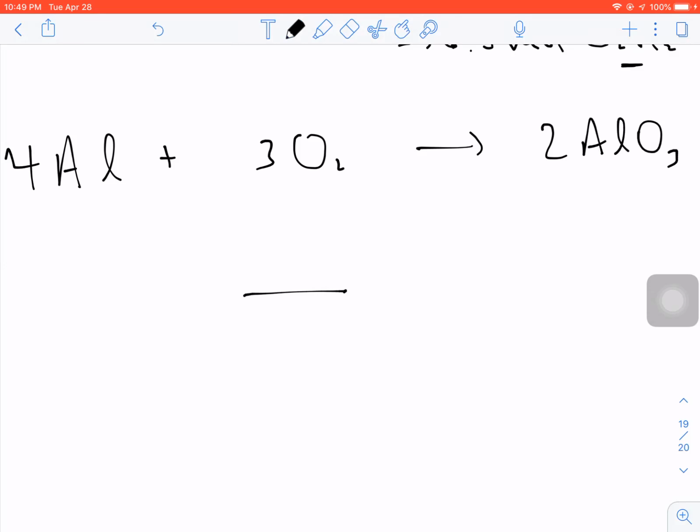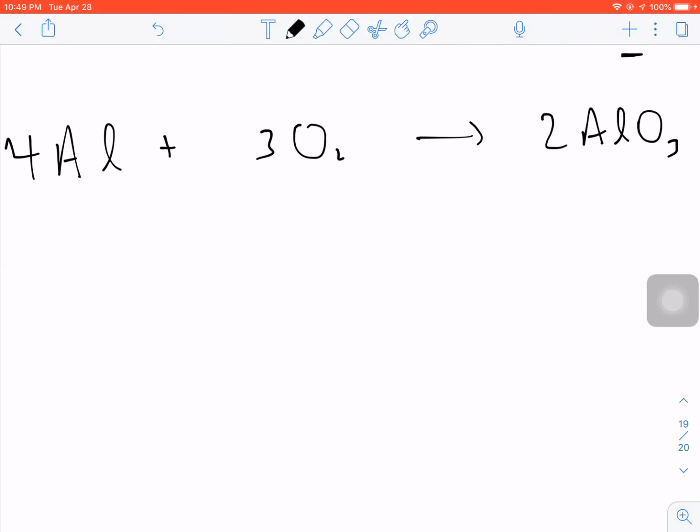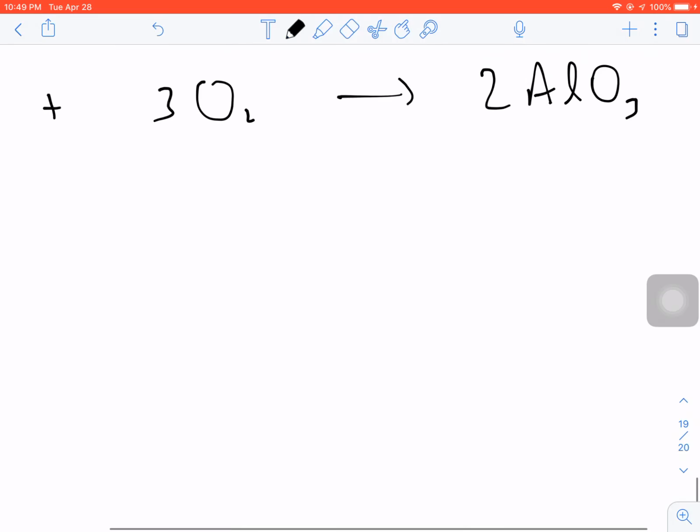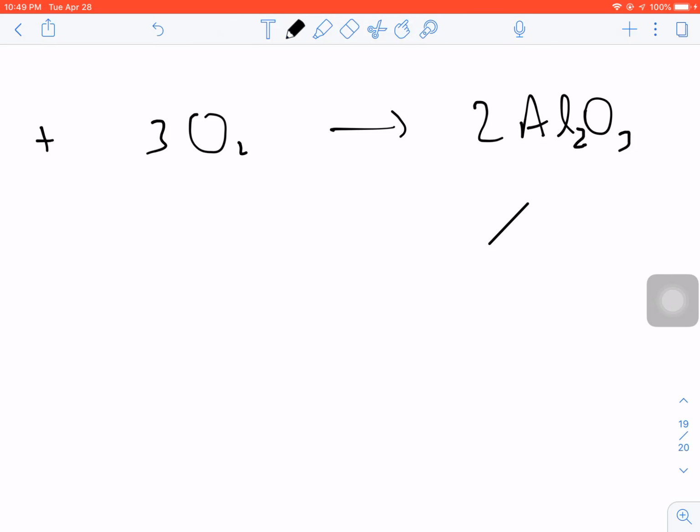Okay, so there's the chemical reaction that I am looking at. Aluminum reacting with oxygen gas to make Al2O3.